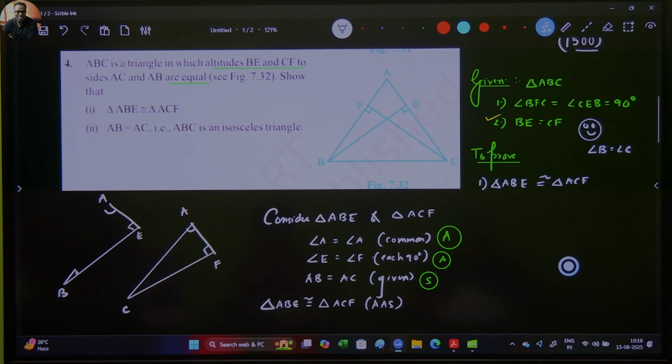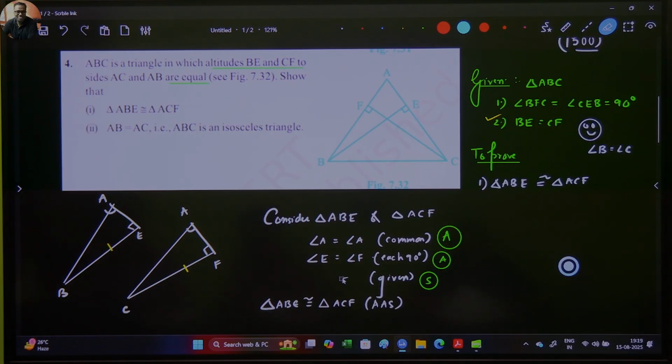So our diagram would be now these two were given equal, BE equal to CF. बात एक ही है. So just change this one. Otherwise, why will they give to prove you again? BE equal to CF. Now this is done.